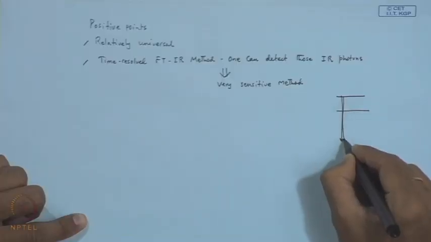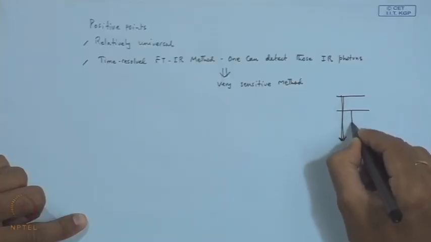So, as a function of wavelength, if we can record the luminescence spectra, we can get information about which one is more populated, which one is less populated. I mean, whether this higher level or that higher level is more populated. If this higher level is more populated, then chemiluminescence from this level will be more intense compared to maybe this level.